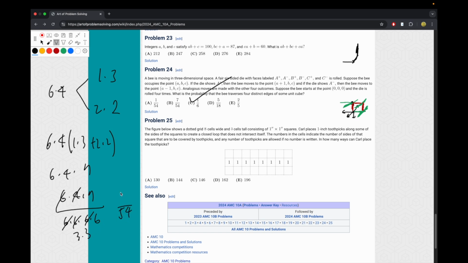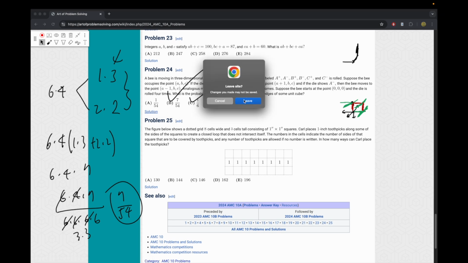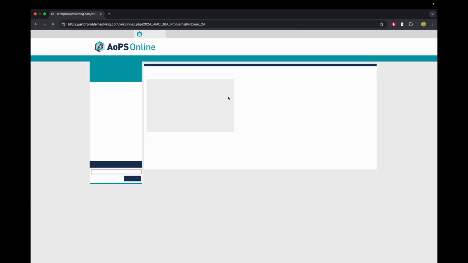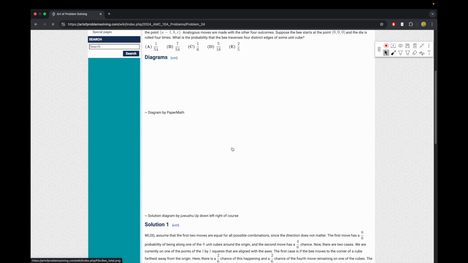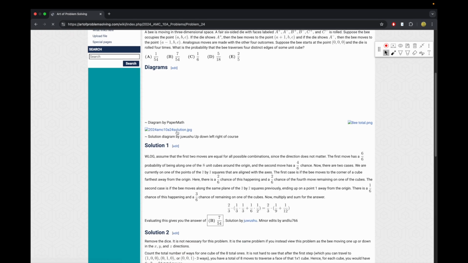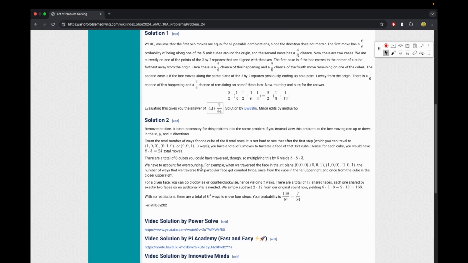We have 7 over 54. Oh, so the answer is indeed B. I couldn't split them here, and that was my mistake. So let's check how others solved this problem. I don't see the diagram, but anyhow.